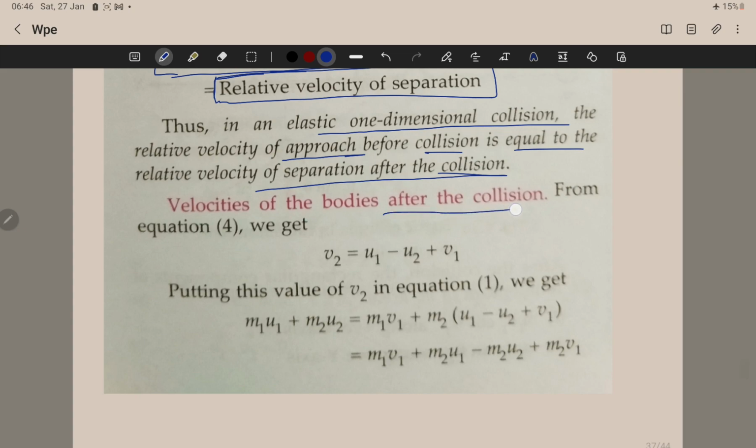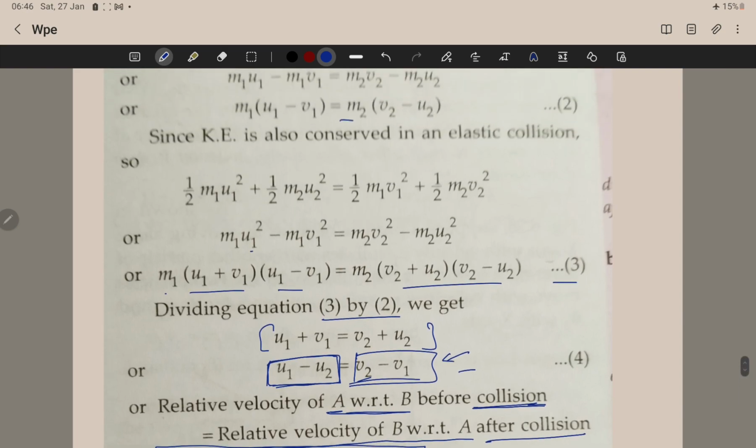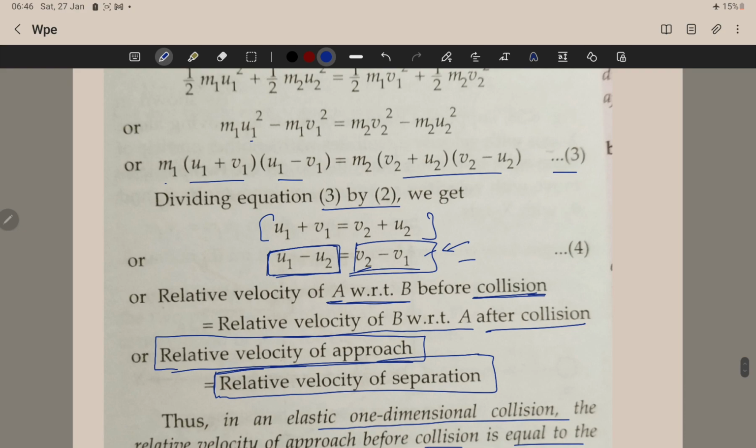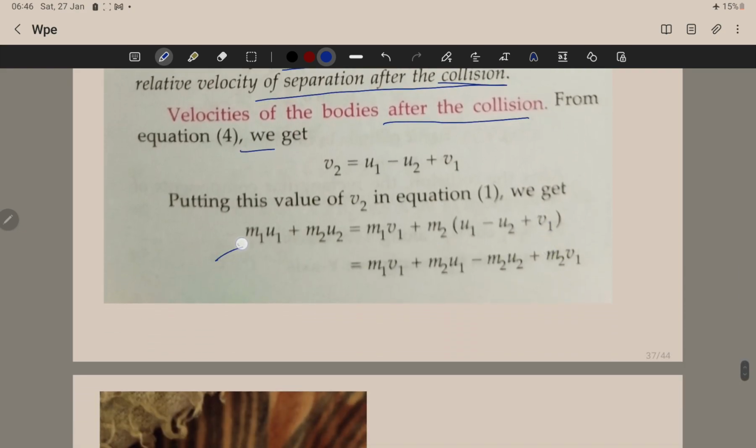Now, for the velocity of the bodies after collision, from equation 4 we find the value of v2 in terms of the other variables, and then we put it in the momentum conservation equation.